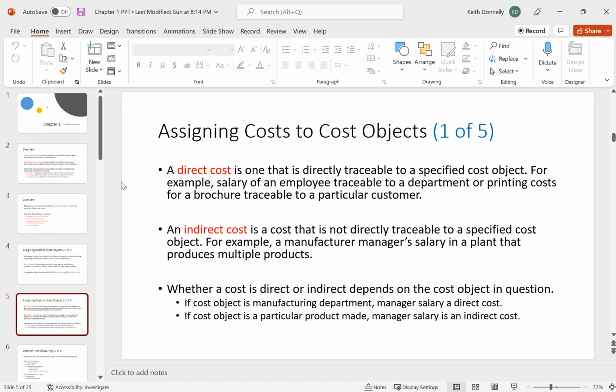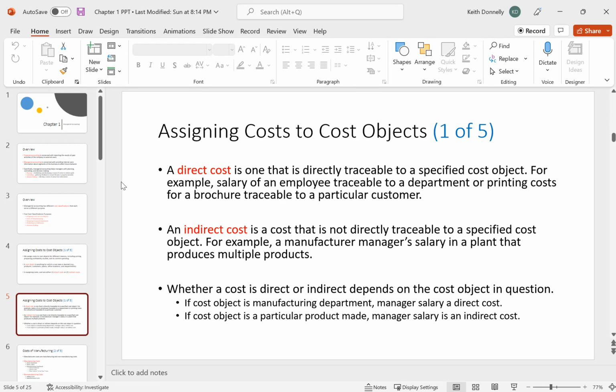In distinction, we have these things called indirect costs. So these are basically costs that are not directly traceable to a specified cost object. So for example, if we have a manufacturer manager salary where there would be multiple products in play, if we were looking at one of the products, right, that manufacturer's salary, that would be an indirect cost.